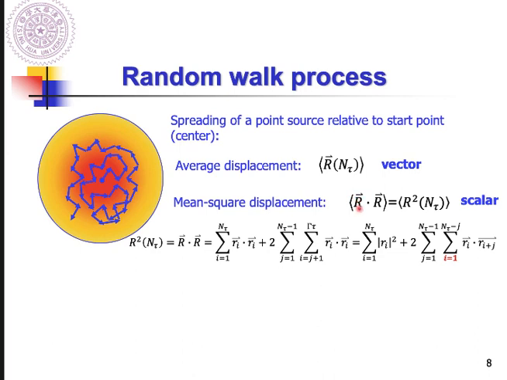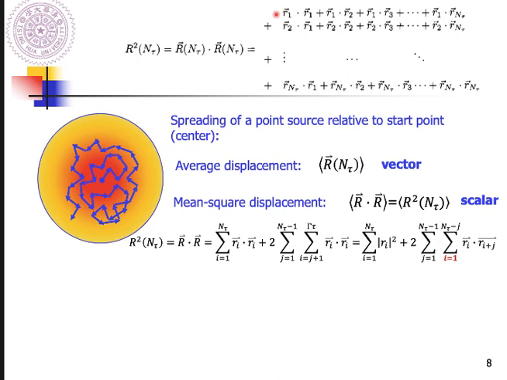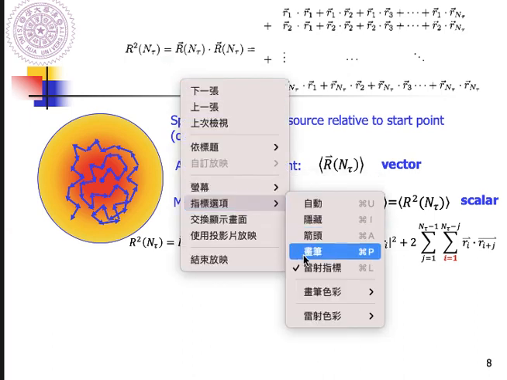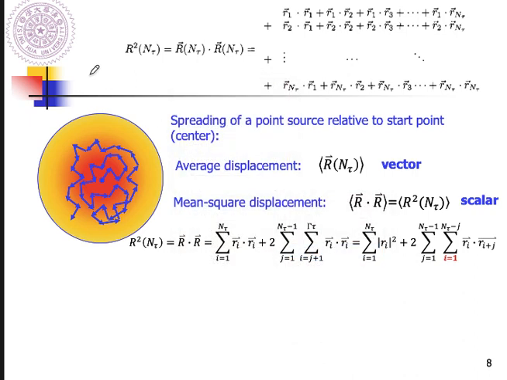Do you remember what capital R is? It's a summation of small r, right? For example, if capital R is small r1 plus small r2 plus small r3, so you get r1 plus r2, but don't forget it's a vector, and you dot with also r1 and r2, and also r3, r4, just take this example.